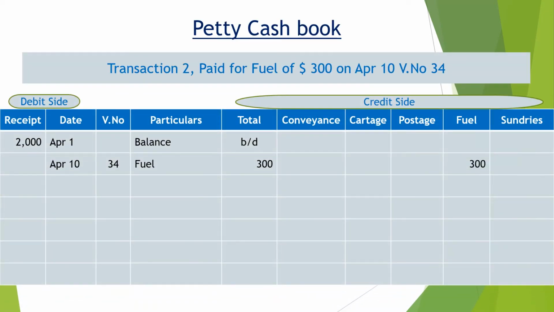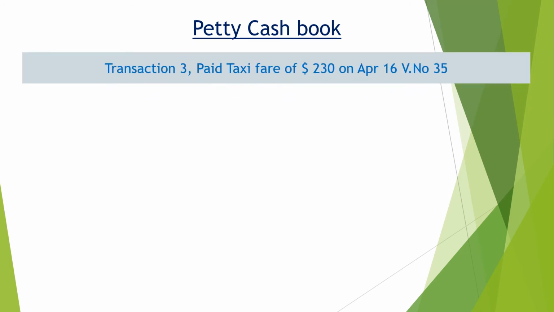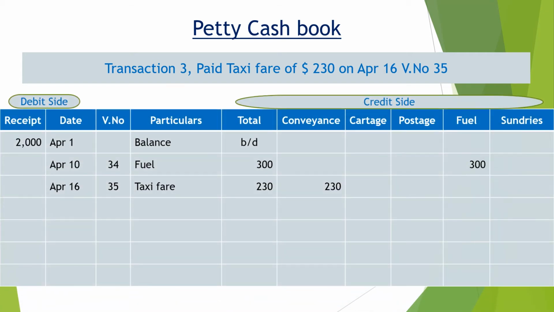Let's have a look at transaction number 2. A fuel of $300 paid on April 10 against petty cash voucher number 34. We put the date in date column, voucher number in that column, narration in particular column, and the amount in total column as well as the fuel column. Next transaction, taxi fare paid, which is a conveyance.